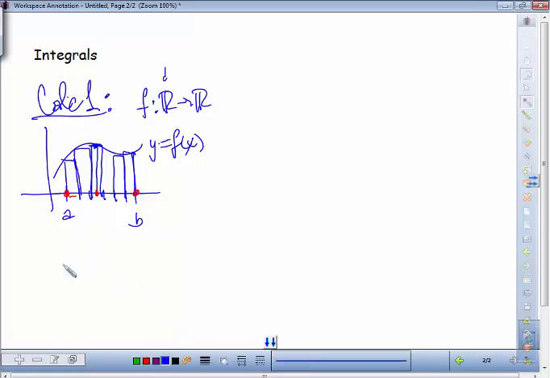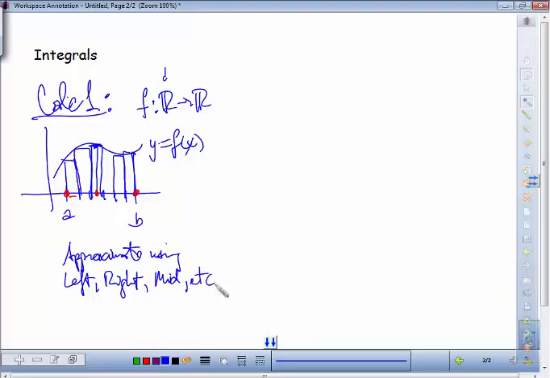So approximate using left, right, midpoint, or anything else within that little subinterval, and then get the height by putting it into the function.